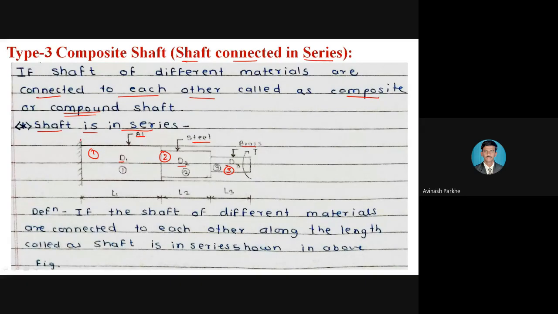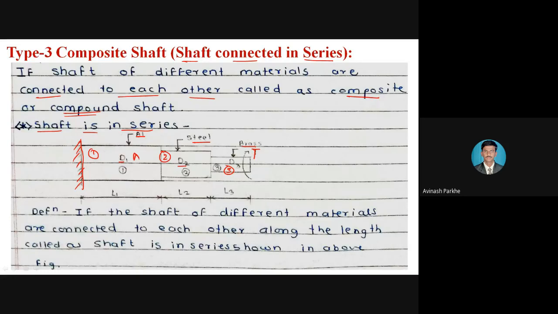The left side of this shaft is rigidly fixed, and at the free end the torque is applied. In this structure, shaft number 1, shaft number 2 and shaft number 3 are not made of a single material. They are made of different materials.